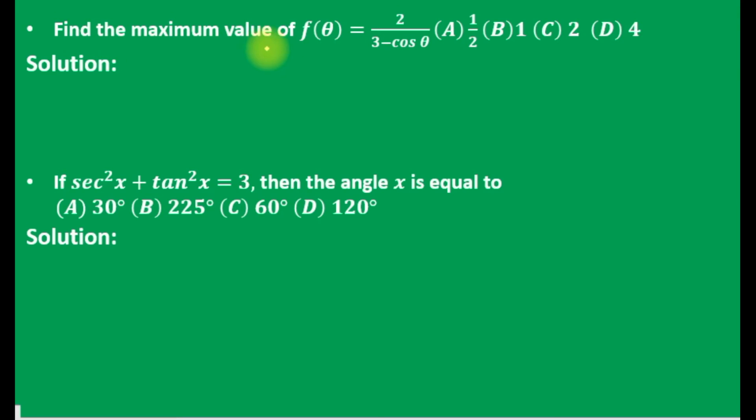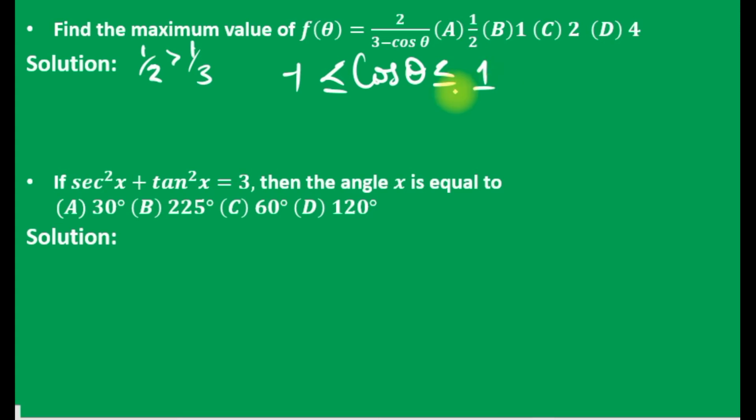Find the maximum value of this. Again, as I told you for the other one, for a fraction to have a maximum value, think of it like this: half is greater than 1 over 3. So we'll make the denominator as small as possible. And we know that cos has a minimum value of -1 and a maximum value of 1.